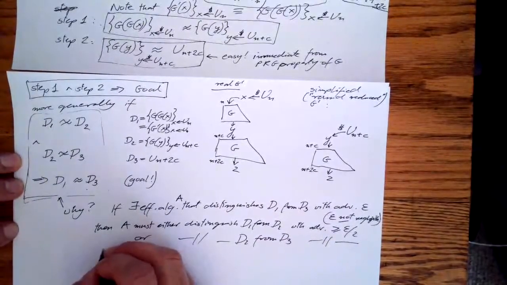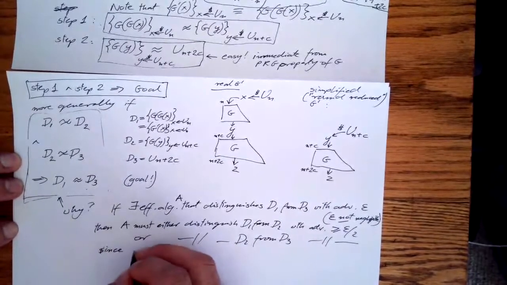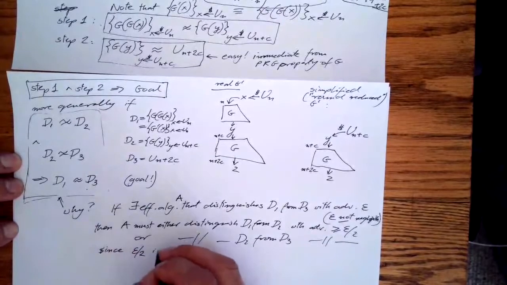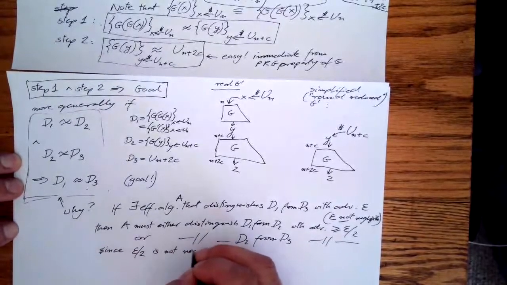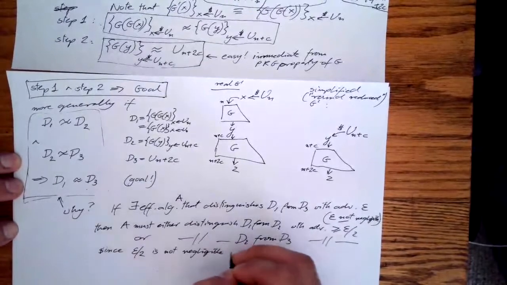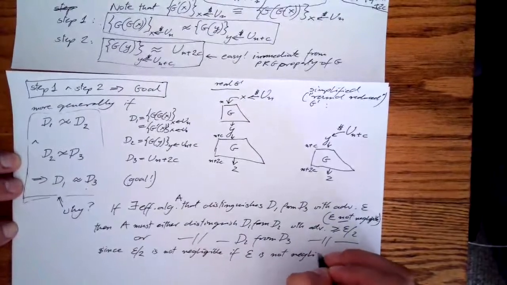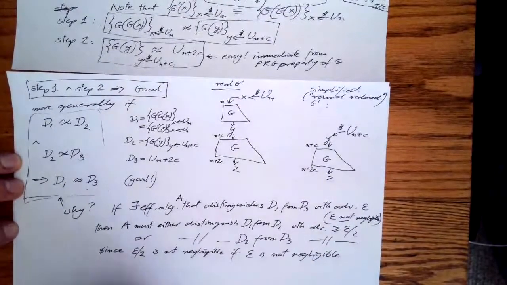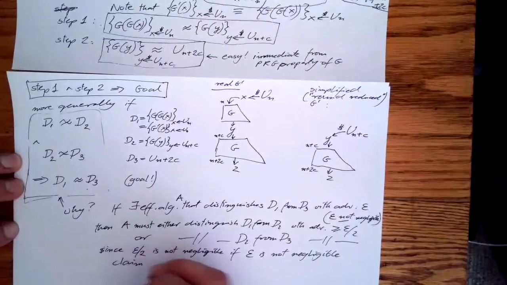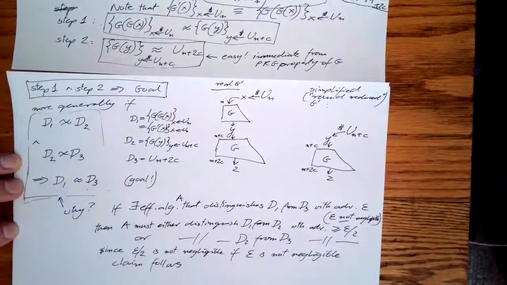And since epsilon over 2 is not negligible, if epsilon is not negligible, the claim follows. Okay, technicality: if epsilon is not negligible, then so is half of epsilon.